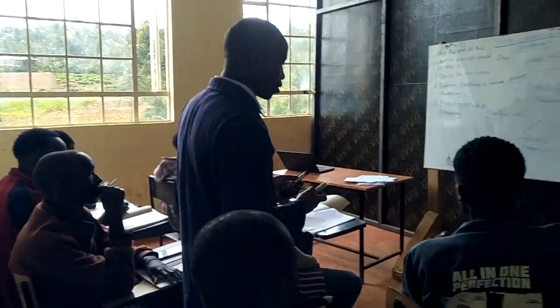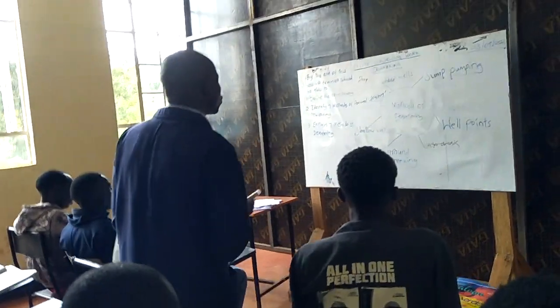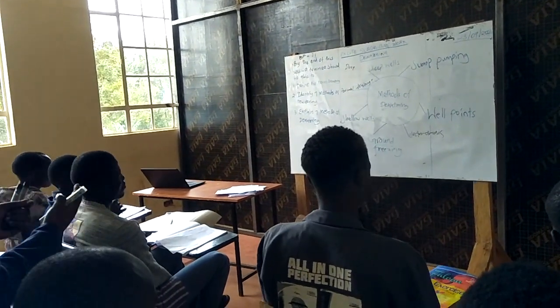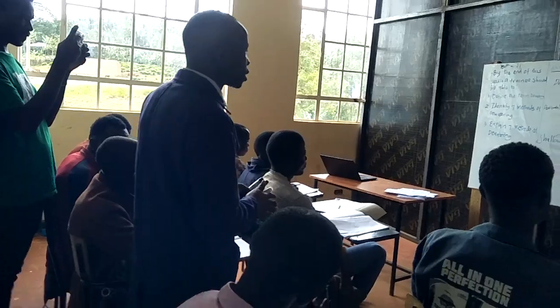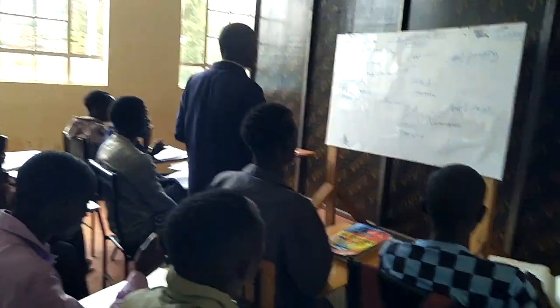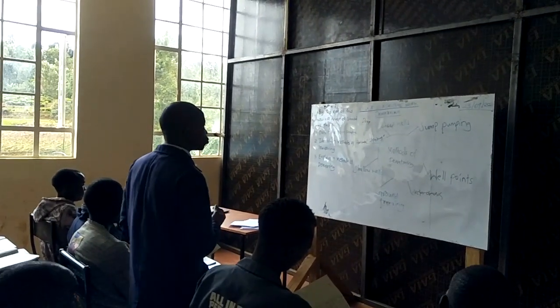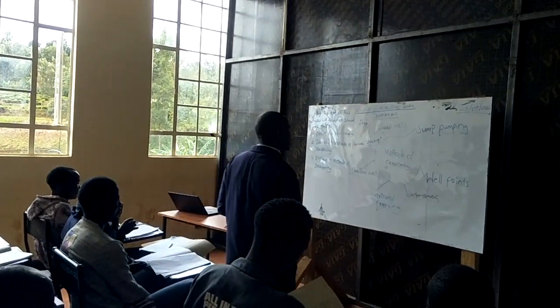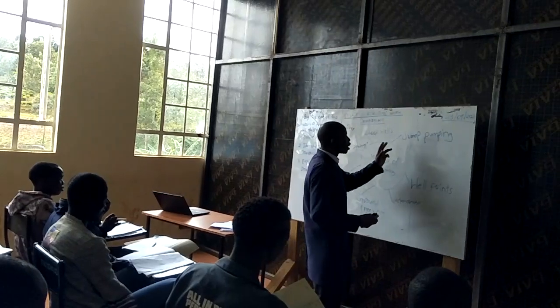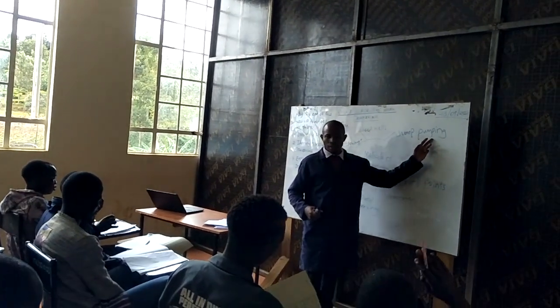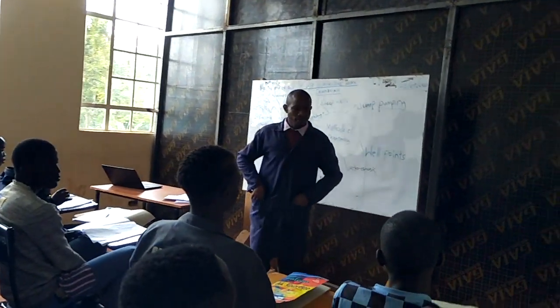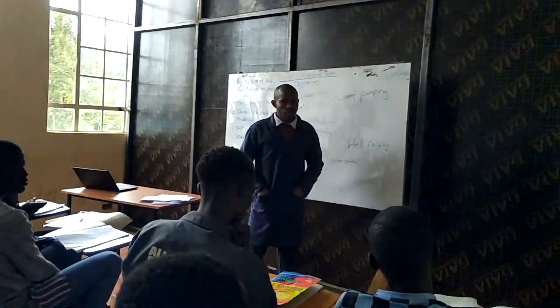These are among the methods that we can use to remove water from where? From the trenches. As we have mentioned earlier, we must remove this water for what? For easy excavation. So, who can tell us in brief what we mean by sump pumping? Yes, Frank?